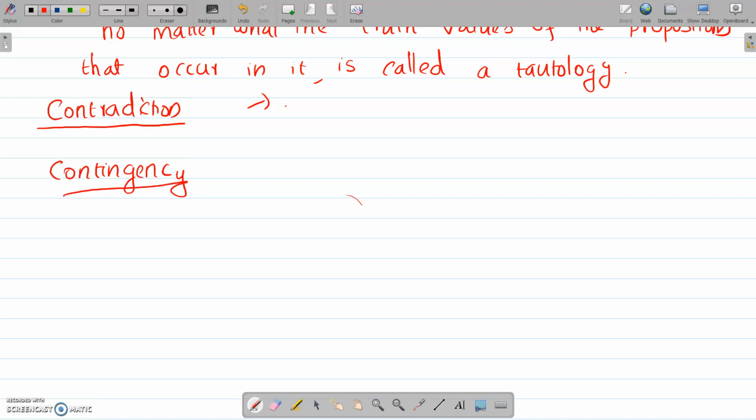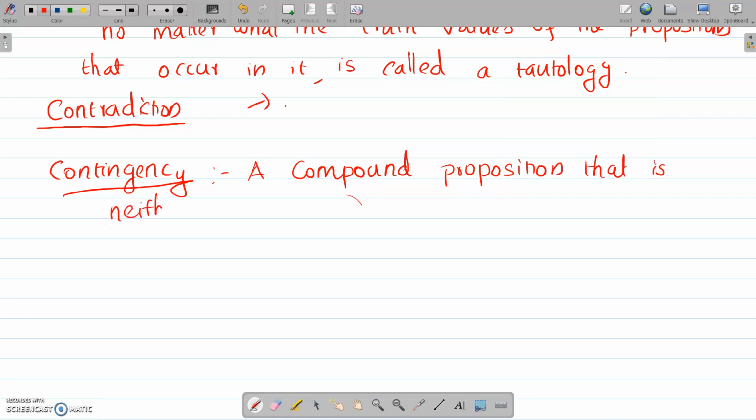Contingency is defined as a compound proposition that is neither a tautology nor a contradiction.